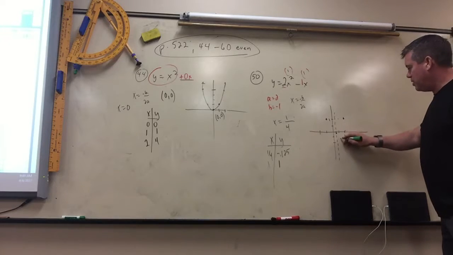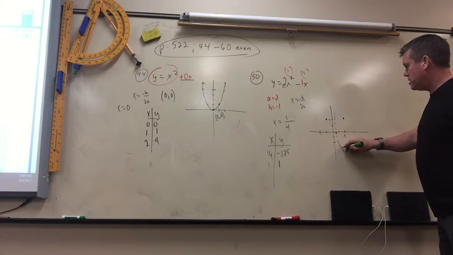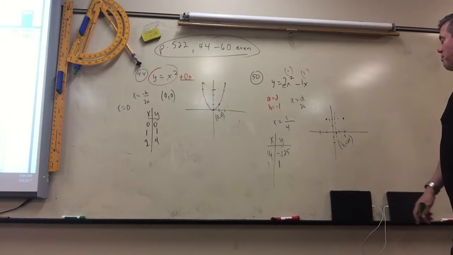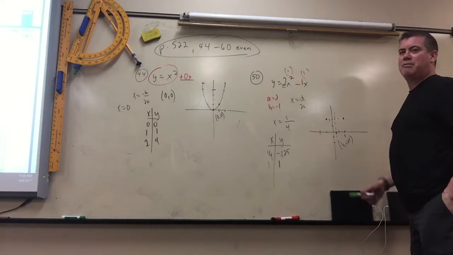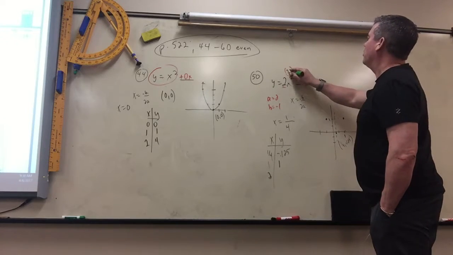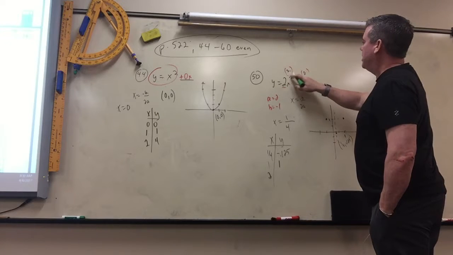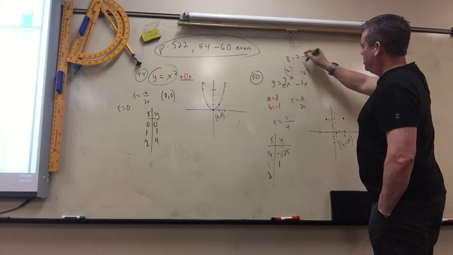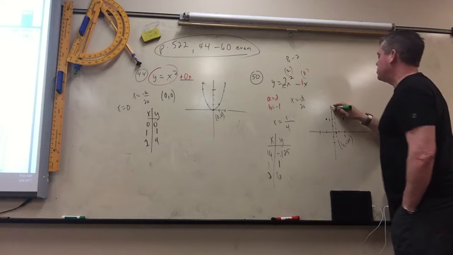Oh, we forgot, remember you gotta label. So just down here somewhere you put 1/4 and negative 0.125. Now, this will probably be enough because if I put 2 in, I get 8, take away 2, I get 6, which you can put on there.